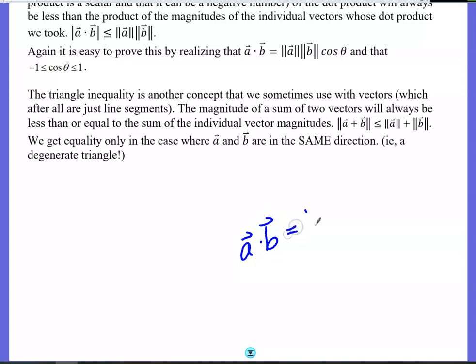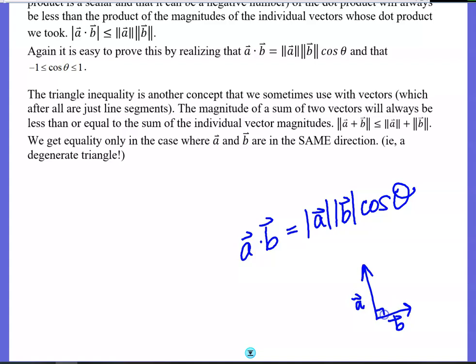So I'm going to use the one where it was the magnitude of vector A times the magnitude of vector B times cos of theta. So remember, if these are two vectors that meet, imagine that these vectors were actually perpendicular for a second. If they're perpendicular, then that would mean the angle between them is 90, right?